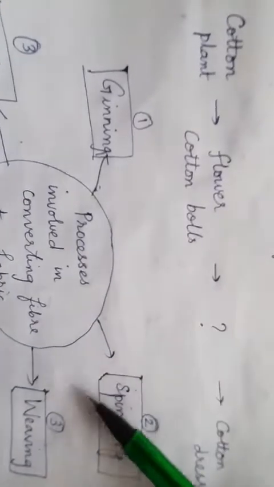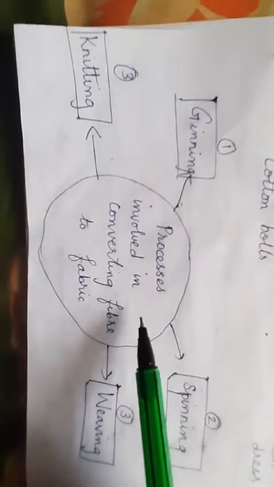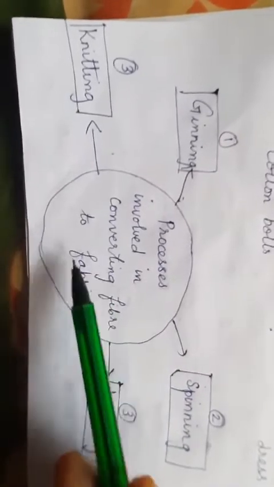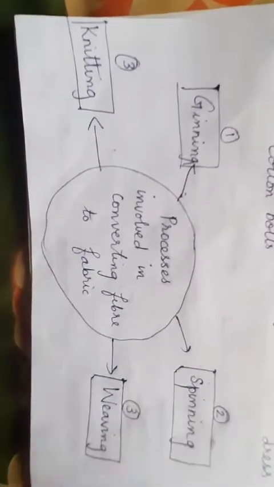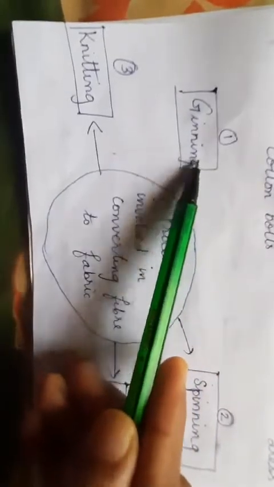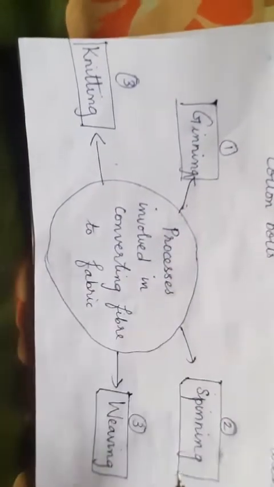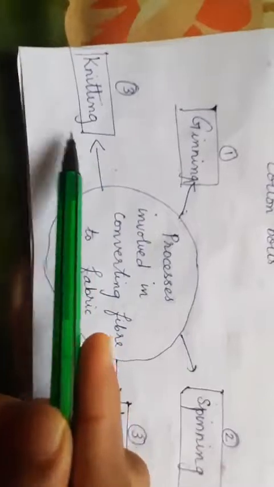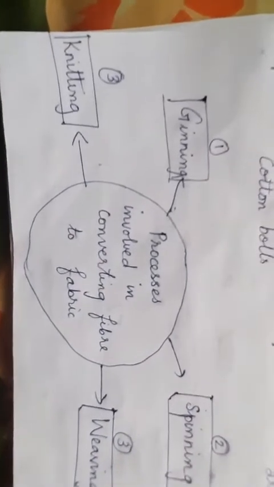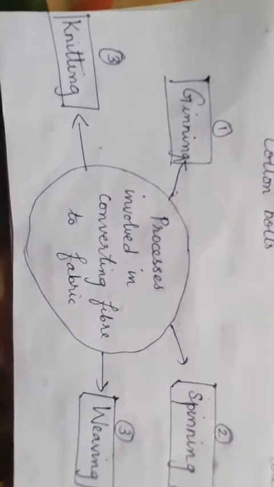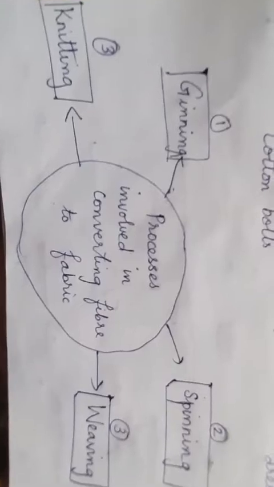Those processes only we are going to see today. The processes involved in converting fiber to fabric are of four types: number one, ginning, spinning, weaving and knitting. Okay, my dear children, so let us see what each of these processes tells us.